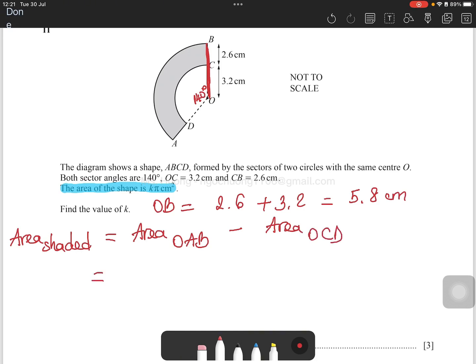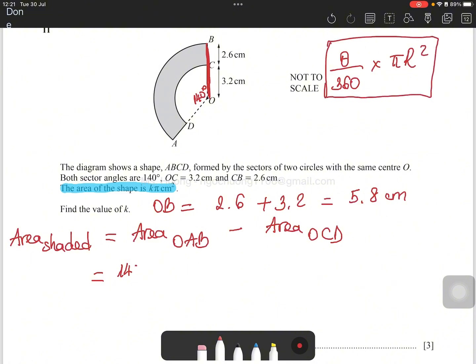So first, the area of the sector OAB. You know the formula for the area of the sector is theta over 360 multiplied by pi r squared. This is the general form. So theta is 140 over 360 multiplied by pi. The radius of the big circle is 5.8 centimeters.